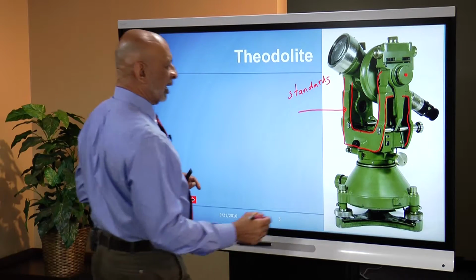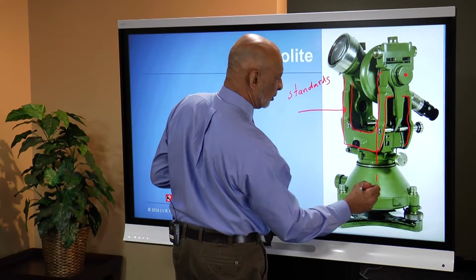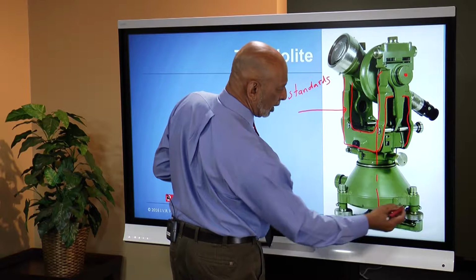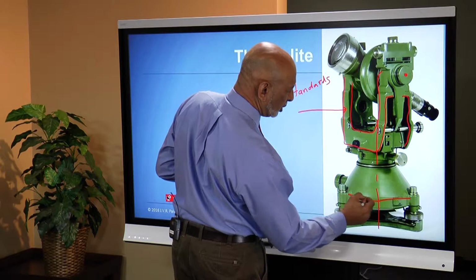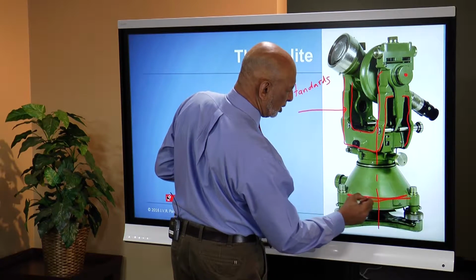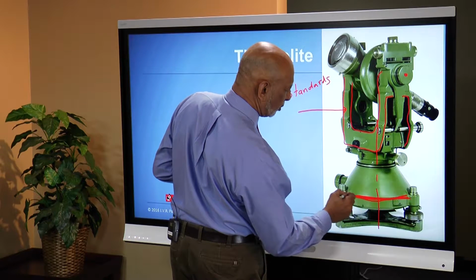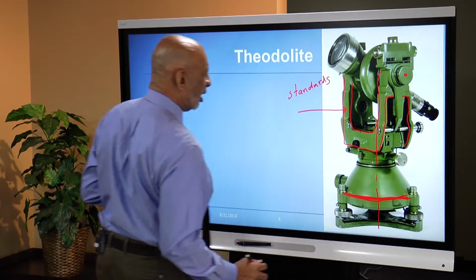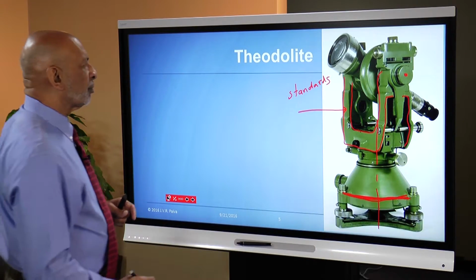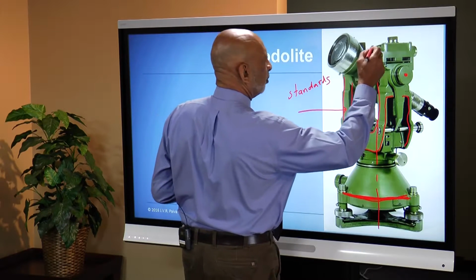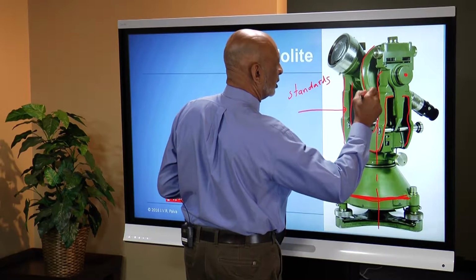So you have a mechanical vertical axis that passes through here, and the horizontal circle is inside this streamlined looking truncated cone. You can see the shape of the vertical circle right here.